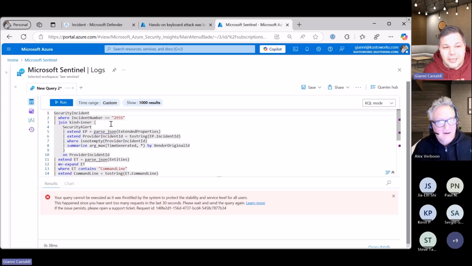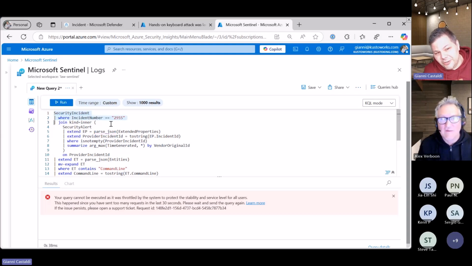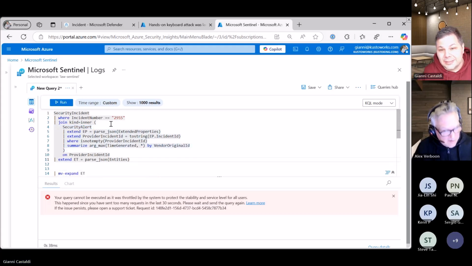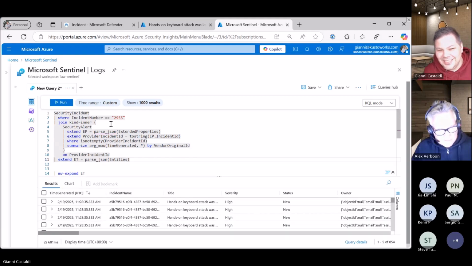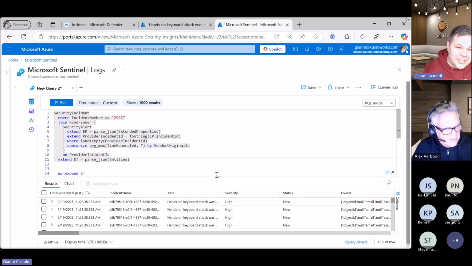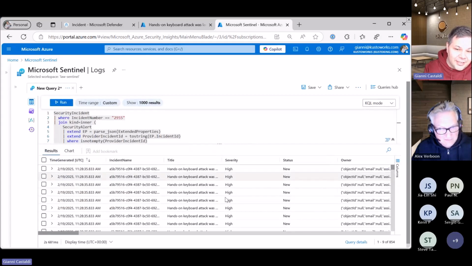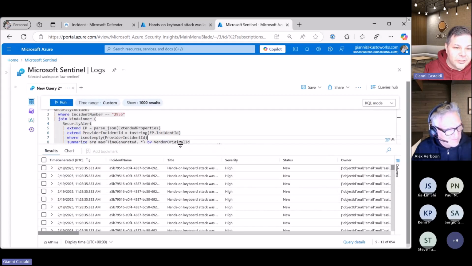So what I did is I linked the security alert data to the incident, to the alert pane. And from here, we have entities. So basically, we have all the 63 alerts. I folded them out.